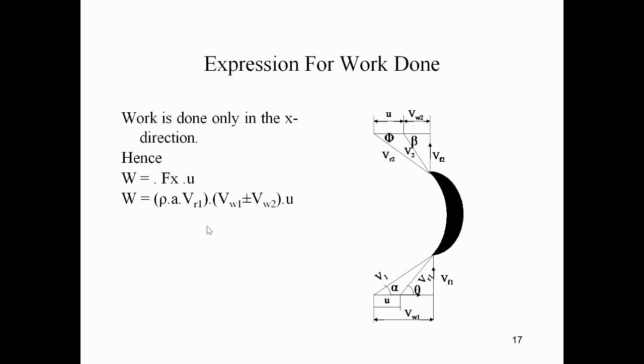by substituting the Fx values in this formula, you will get W equals rho A Vr1 into (Vw1 plus or minus Vw2) into U. The above expression gives work done per second.